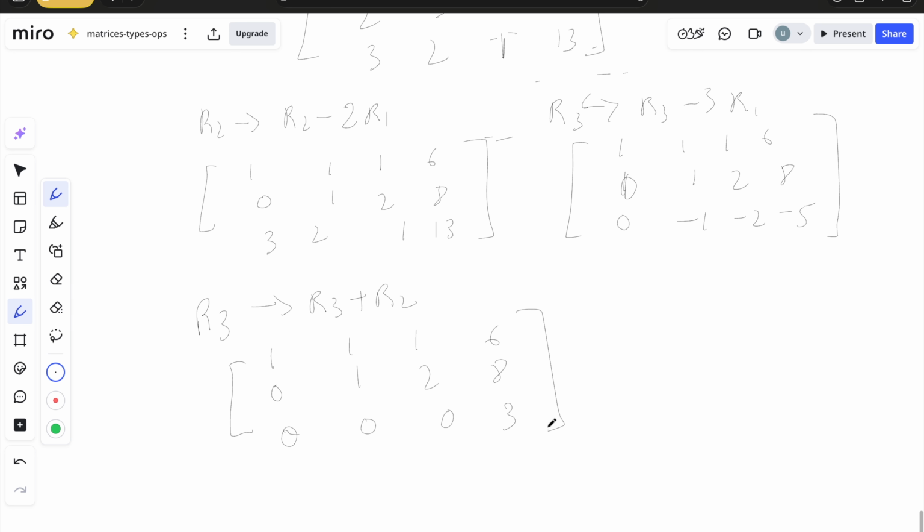Now this system of linear equations, you can see that it's an inconsistent system, as you can observe here.